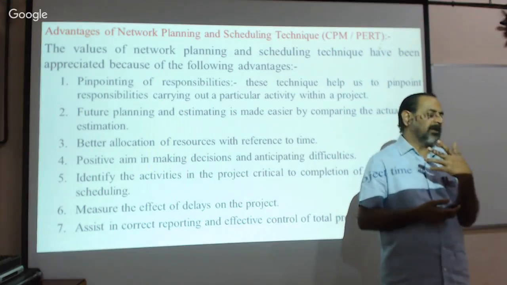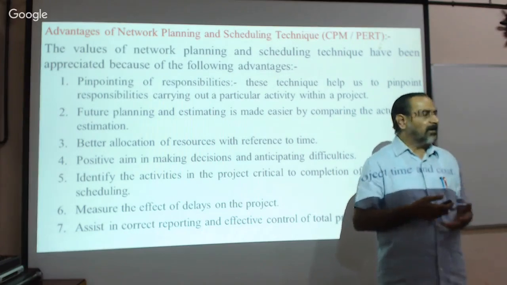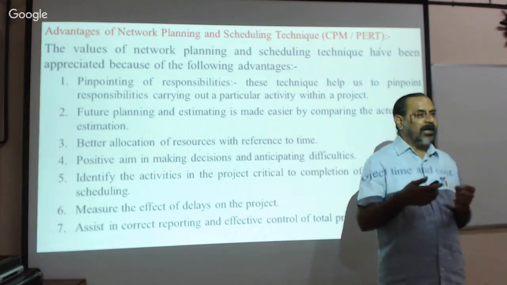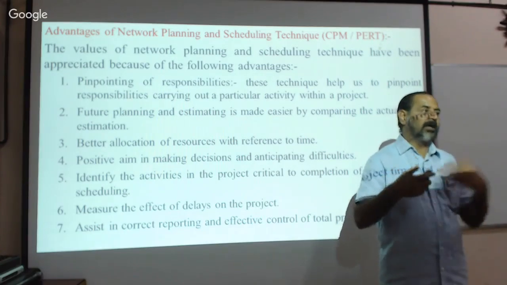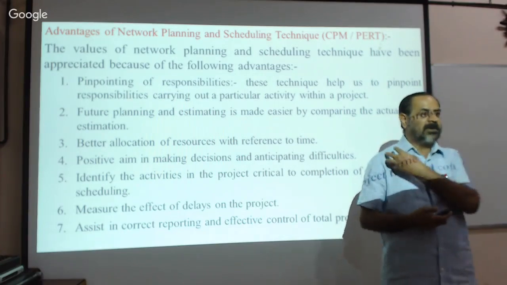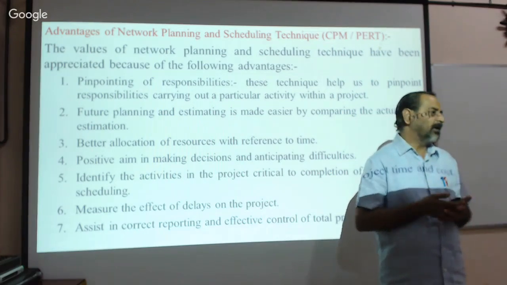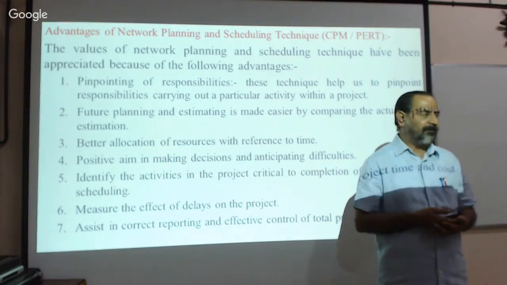PERT is used in research activity, therefore time we cannot estimate in the way we have done now in the CPM network. That is the difference between CPM and PERT, isn't it?